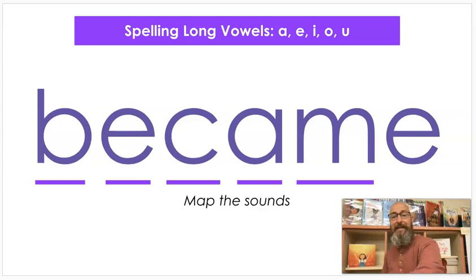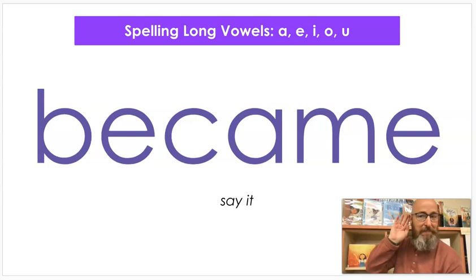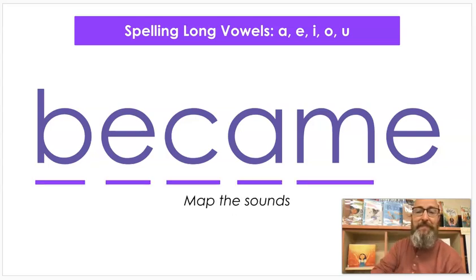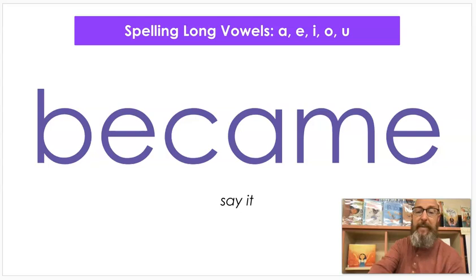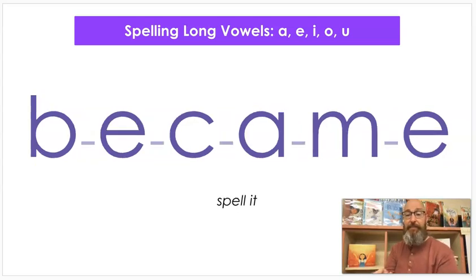Our next word is, this is a big word, became. Say became. Map the sounds. B, E, K, A, M. Became. Spell it. B, E, C, A, M, E. Became.